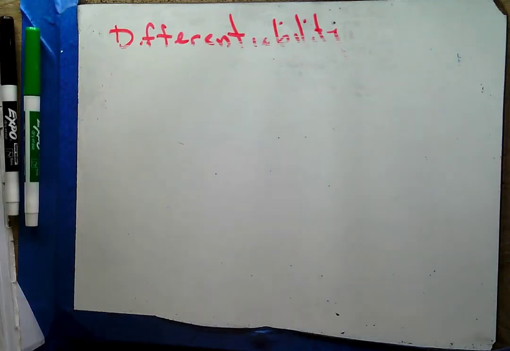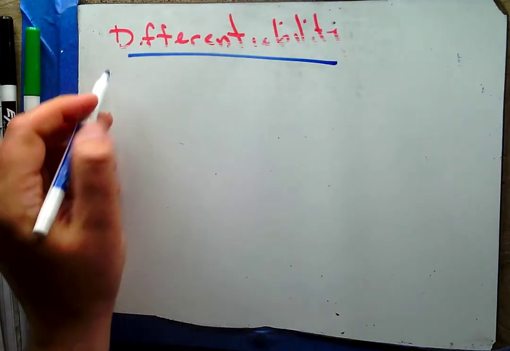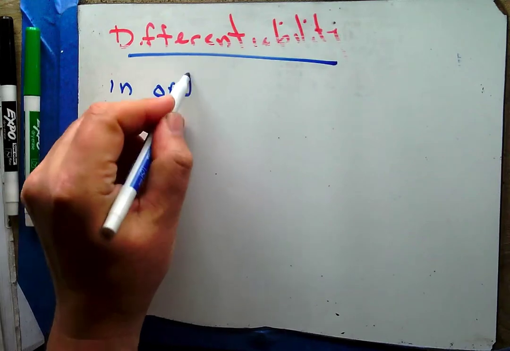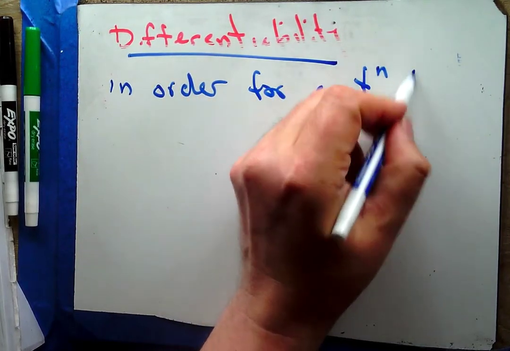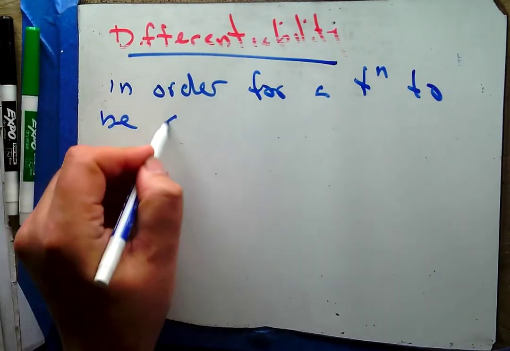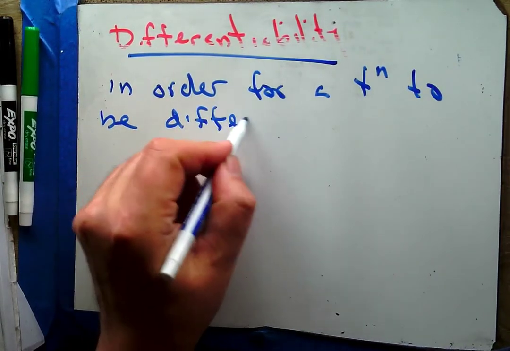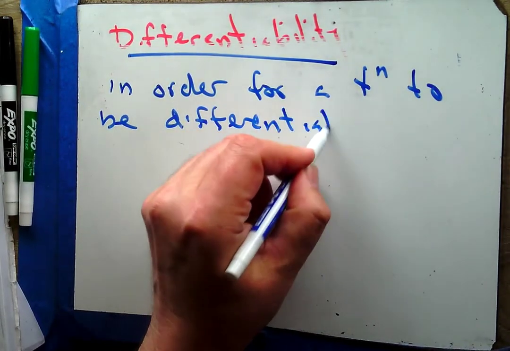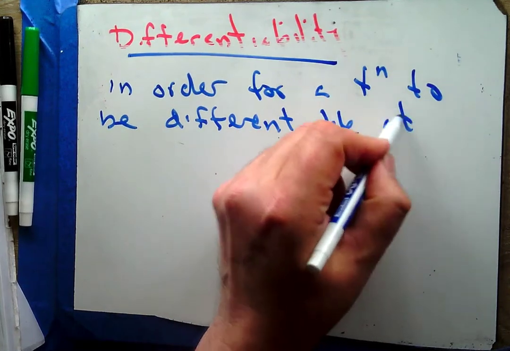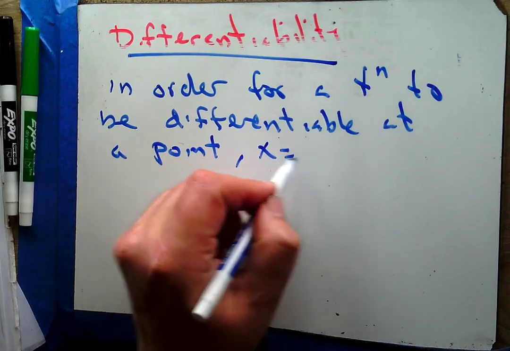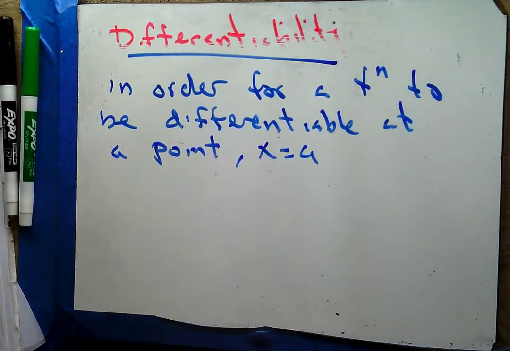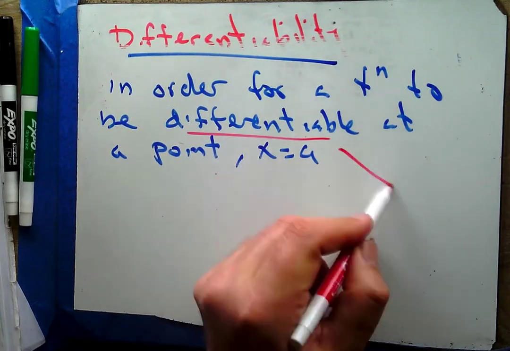Next, differentiability. In order for a function to be differentiable at a point x equals a, and differentiable, well, that's able to take the derivative.